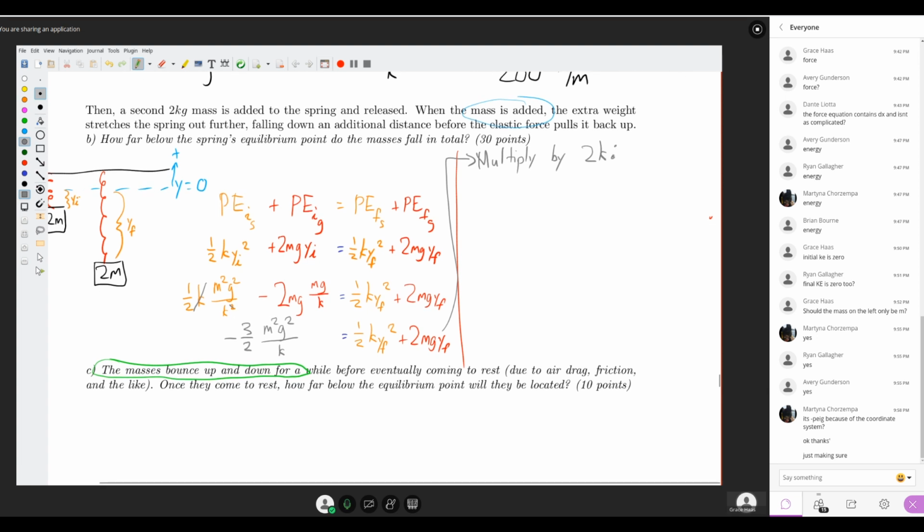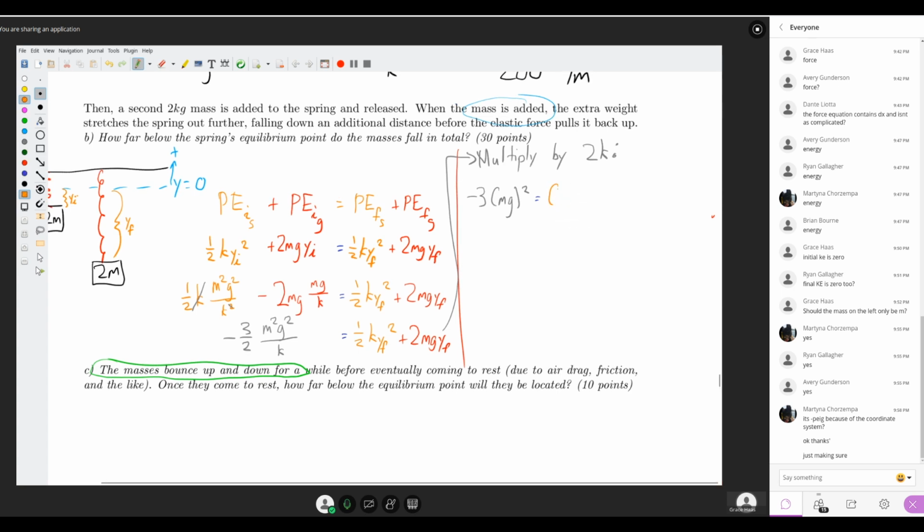So what does this give me? This gives me minus 3 m squared g squared equals k squared, or, well, I'll write it this way: k times y final squared.